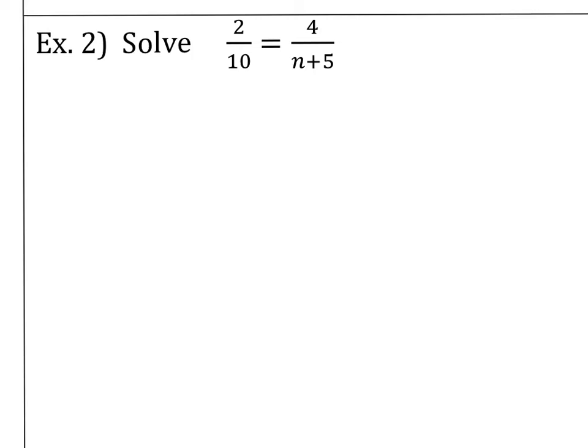Right here, this proportion, this 2 over 10, can be reduced. So if you want to save yourself some work, you can reduce any fractions before you cross multiply. So I think I'm going to do that. 2 over 10 reduces to 1 over 5. So 1 over 5 is equal to 4 over n plus 5.